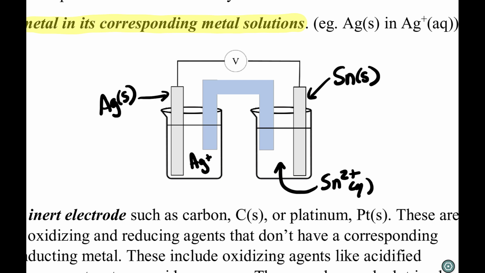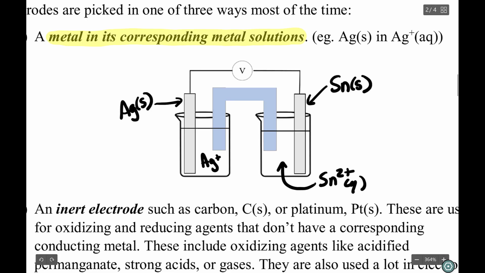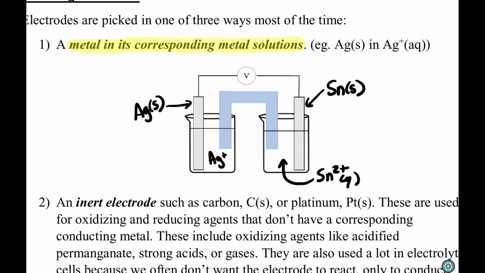There are circumstances where you can mix different metal electrodes with a different metal solution. We just don't come across it, and don't cross that bridge. We're going to leave that completely alone. If you have copper, you use a copper solution. If you have tin, you use a tin solution. So easy peasy, not much more to explain there.